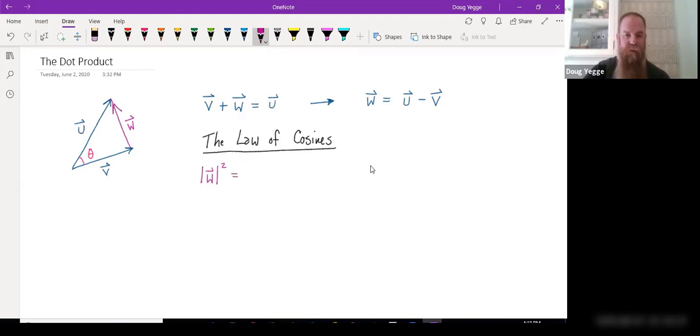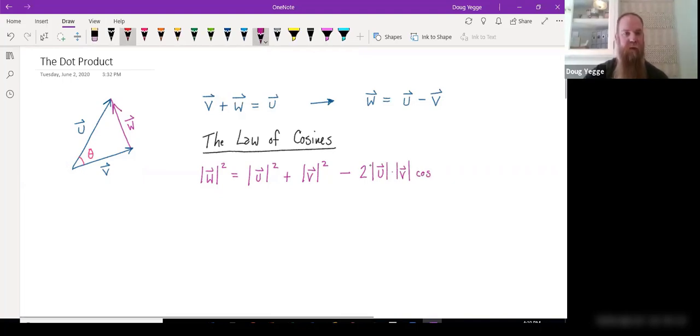The law of cosines looks a little bit like the Pythagorean theorem, where we could say that the magnitude of u squared plus the magnitude of v squared is equal to the magnitude of w squared, but that's not, because there is an extra term here that we have to subtract. It's minus 2 times the magnitude of u times the magnitude of v times cosine of the angle between.